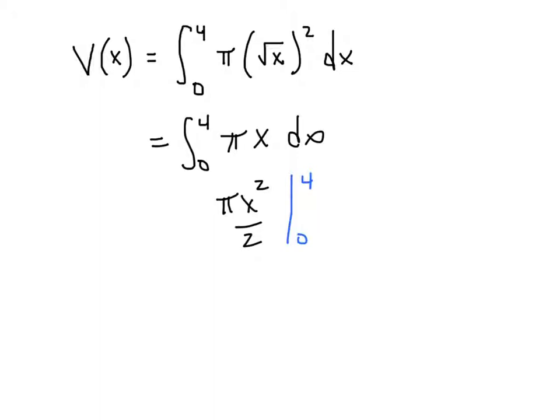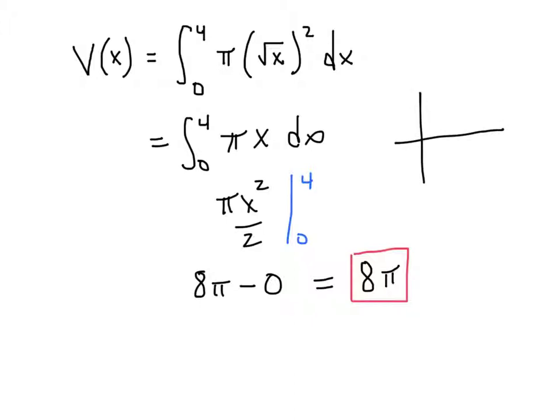It's going to be 16 pi over 2, which is 8 pi, minus 0, oops, not equals, let's make that a minus 0 pi, and so this turns out to be 8 pi. 8 pi cubic units. When they don't give us units, we just give the value. The volume of that little shape, remember it looked kind of like this, it's all solid and filled in. The volume of that thing, that nose cone, is 8 pi.